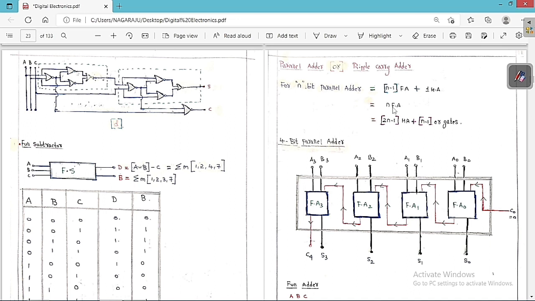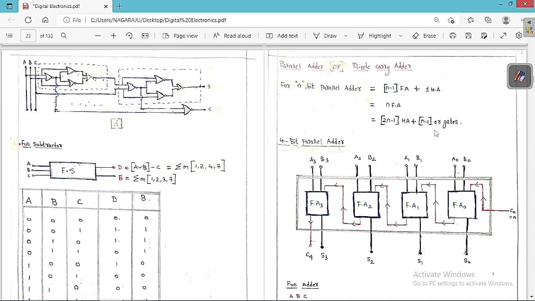Or simply we can also use n full adders, or 2n-1 half adders plus n-1 OR gates. So these are the things that you always have to require. For an n-bit parallel adder, we require n-1 full adders plus 1 half adder, or we can go for n full adders, or 2n-1 half adders plus n-1 OR gates.